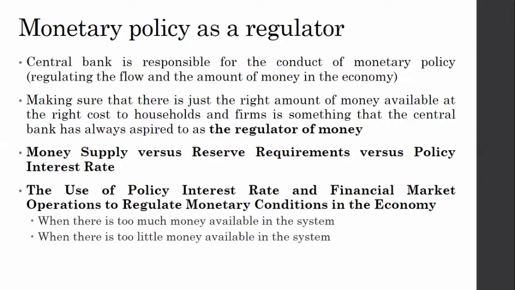And apart from that, they can use financial market operations or open market operations, we say OMOs, right? So the policy interest rate and open market operations can be used to regulate the monetary conditions in the economy. Now let's see how they are used by the central bank.